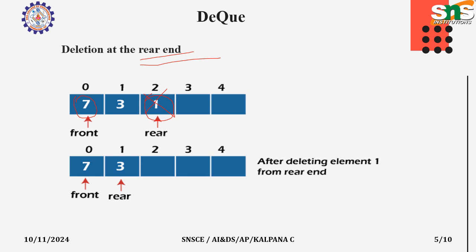If I do this deletion operation, I have to decrement my rear pointer: rear equals rear - 1. So my rear pointer will point to 1 instead of 2. This way I can perform deletion in a double-ended queue at the rear position.